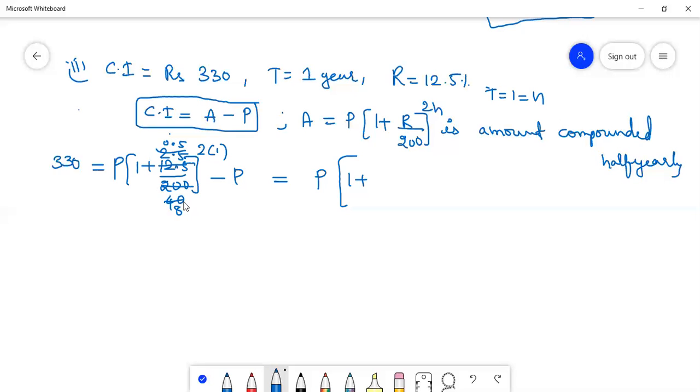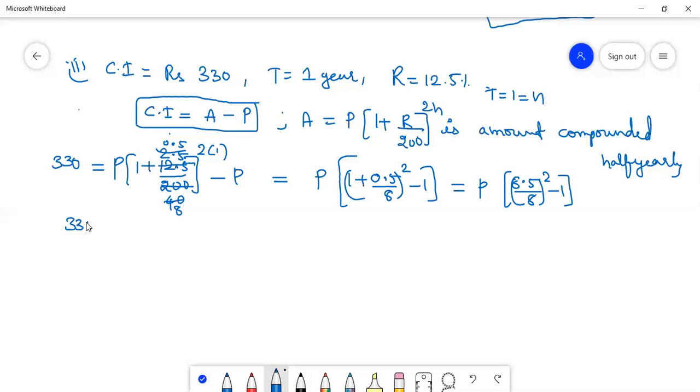Taking LCM 8 into 1, 8.5 by 8 whole square minus 1.